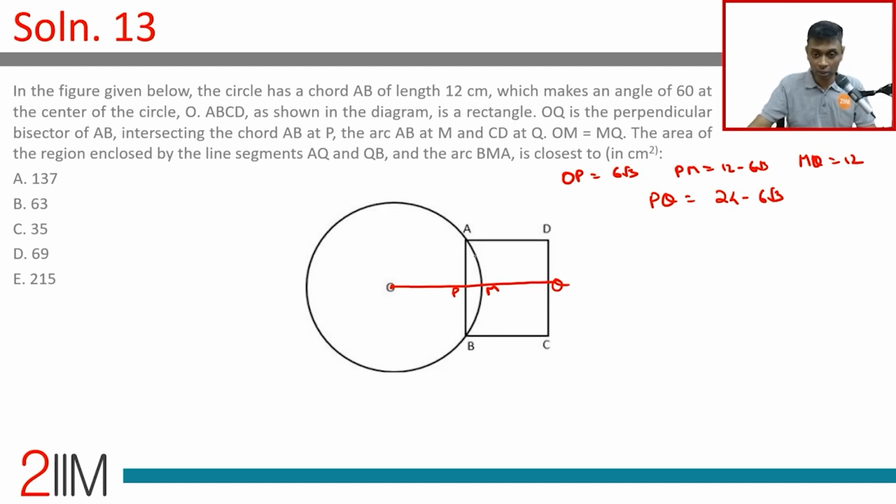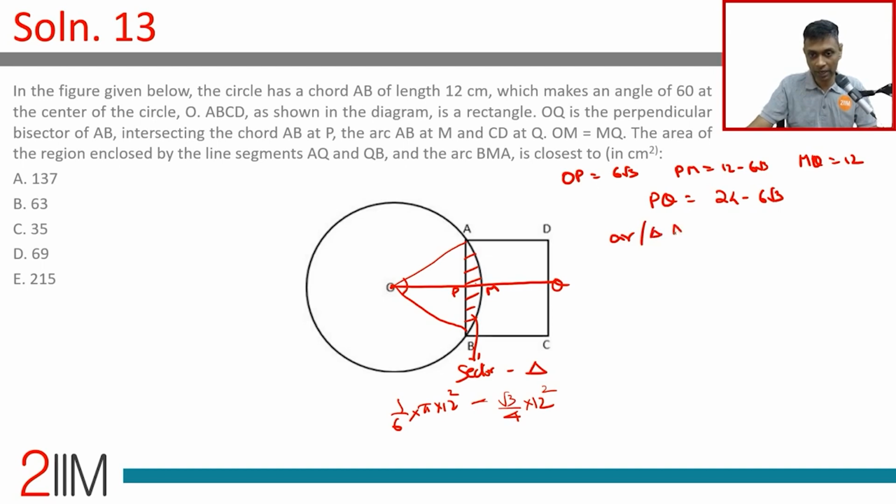That part is covered. Now we are looking to find this segment. This is nothing but sector minus triangle. For the sector, the central angle is 60 degrees, so it is 1/6 of the area of the circle: 1 by 6 into pi into 12 squared. Minus the triangle. The triangle is equilateral, so it is root 3 by 4 a squared, root 3 by 4 into 12 squared.